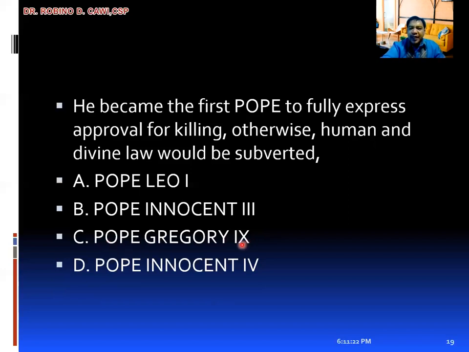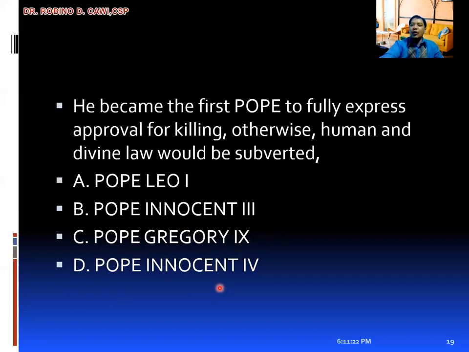Okay, Pope Gregory IX, death penalty by burning. Pope Leo I, allowing the use of death penalty. Pope Innocent III, okay, most notorious for convicting 2,000 people to die, okay, on death penalty. Di ba? And then of course, we also have Pope Innocent IV, another Pope Innocent.